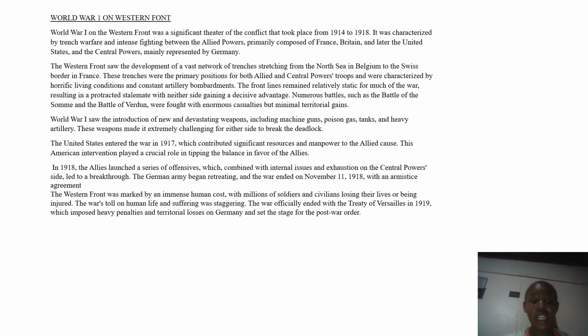In 1918, the Allies launched a series of offensives which, combined with internal issues and exhaustion of the Central powers, led to a breakthrough of the German army, which began retreating, and the war ended on November 11, 1918, with an armistice agreement. The Western Front marked an immense human cost, with millions of soldiers and civilians losing their lives or being injured.